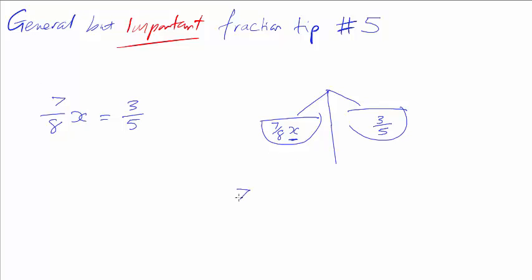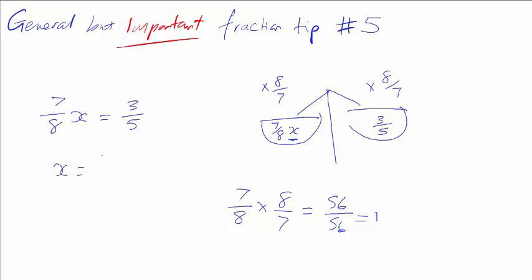If I times 7 over 8 by 8 over 7, you get 56 over 56, so that cancels out. Yeah, that'd still be fine, because that'll just give you x. You get to this stage anyway.